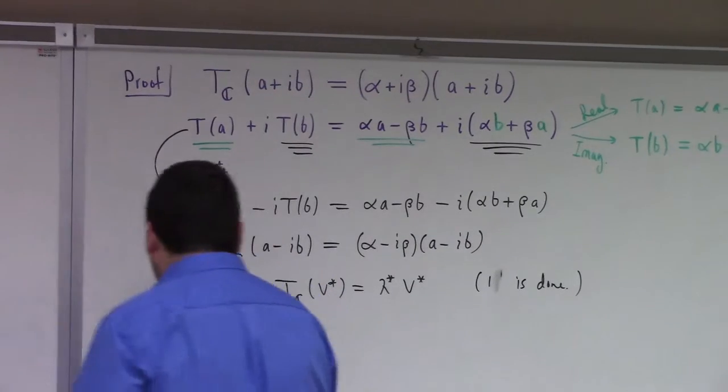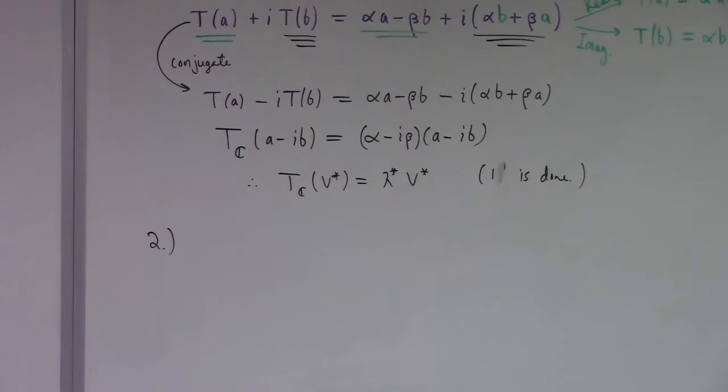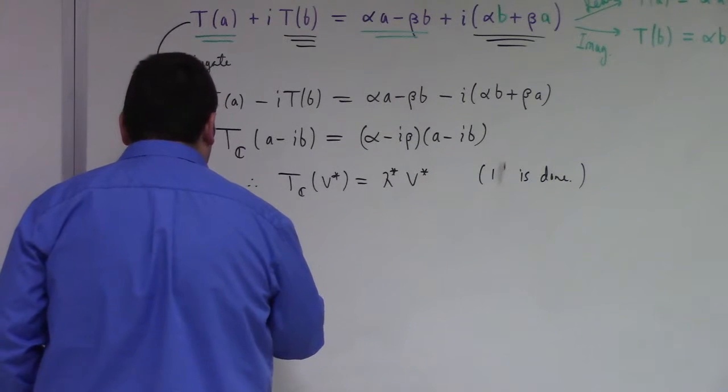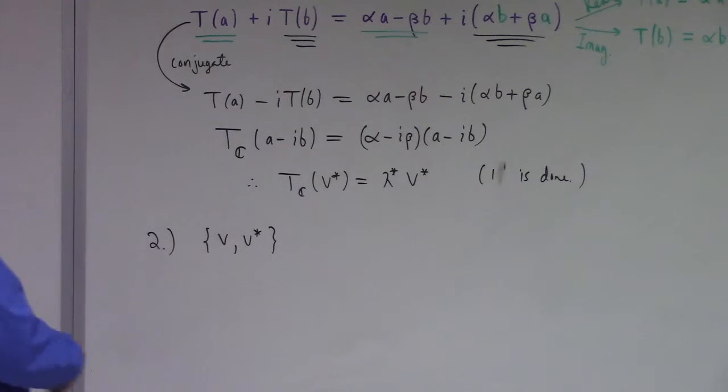To prove number 2, I would start with doing this. What can you tell me about the linear independence over the complex numbers of this set, v and v star? Is that a linearly independent set? How do you know it?